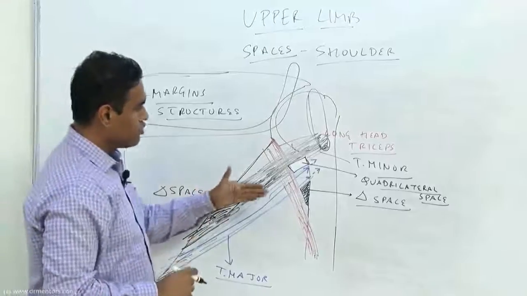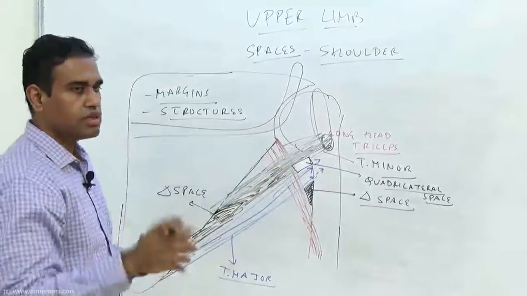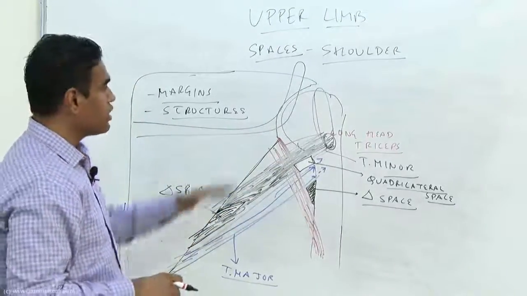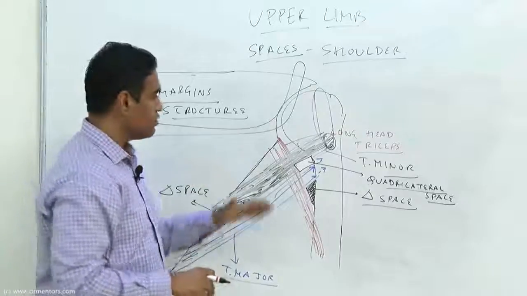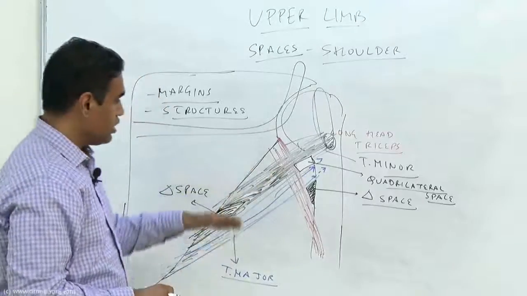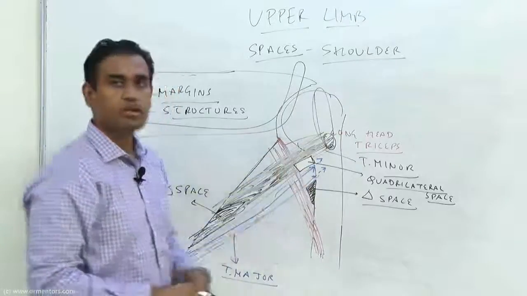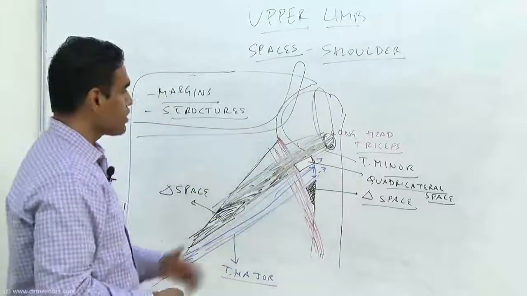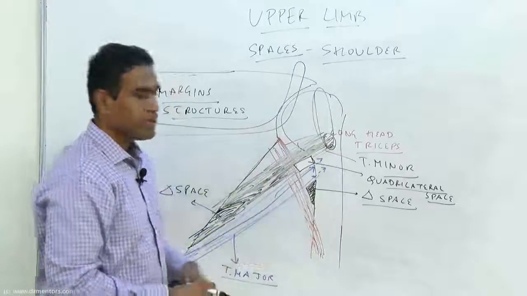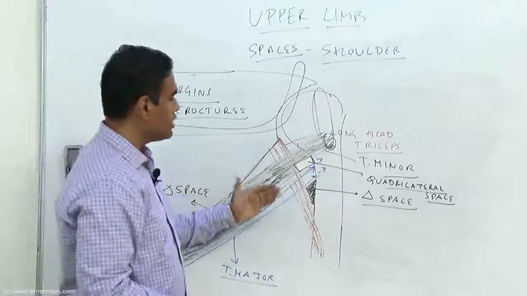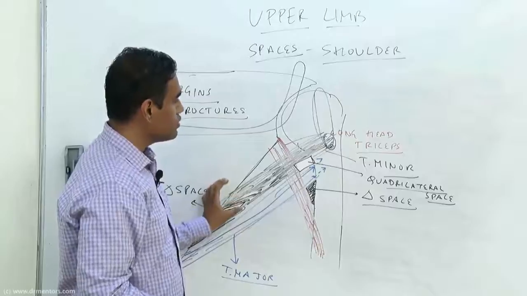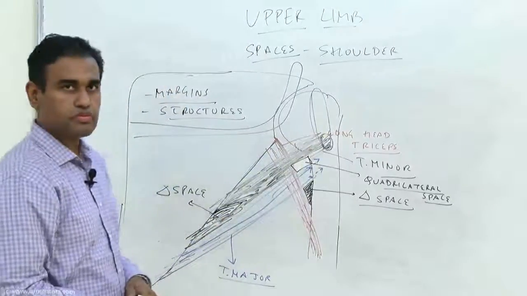Moving from anterior to posterior, the main muscles involved in defining these spaces are: most anterior we have this teres major, going where? Anterior part of humerus, bicipital groove. Then we have the long head of triceps, and more posteriorly, covering the long head of triceps, we have the teres minor.